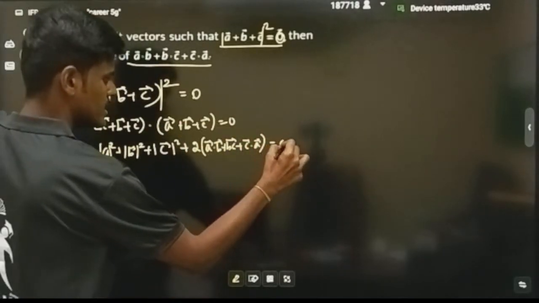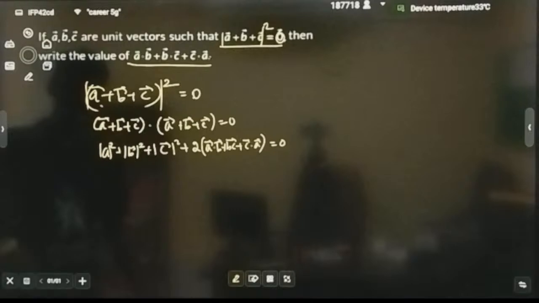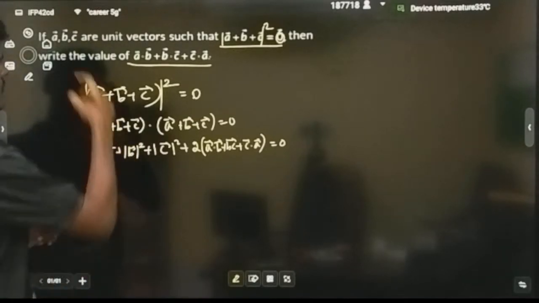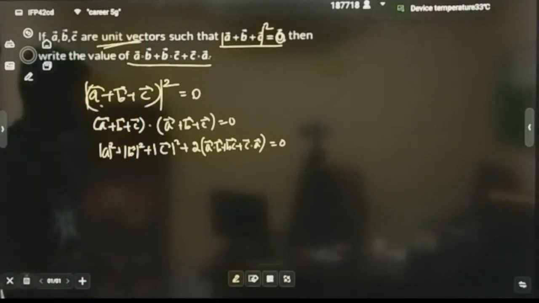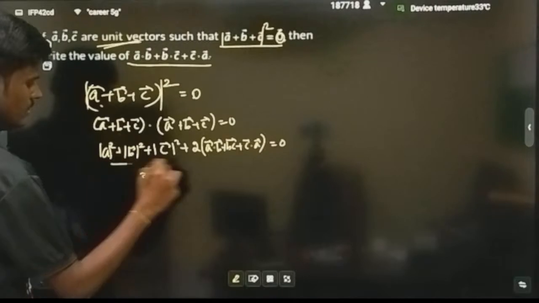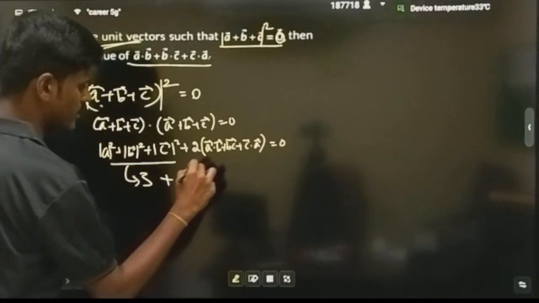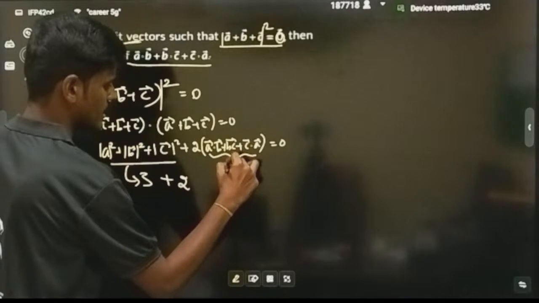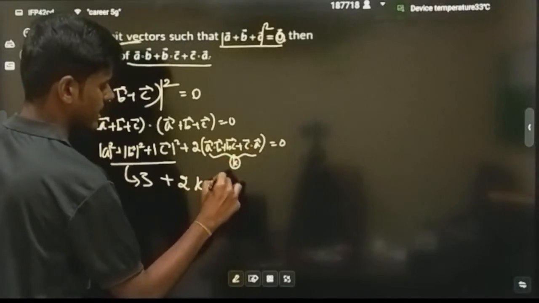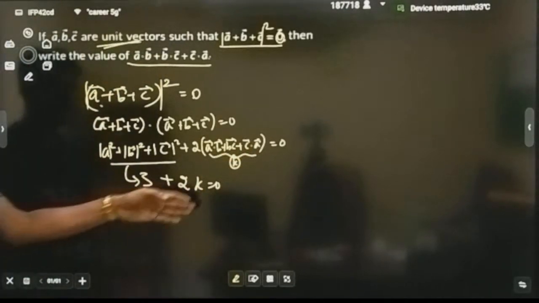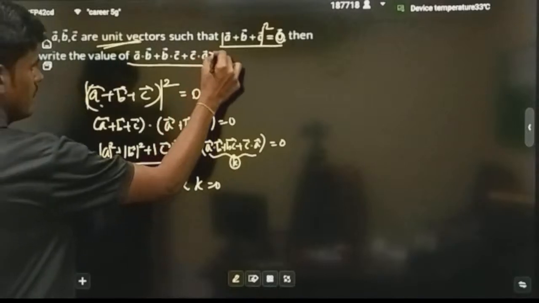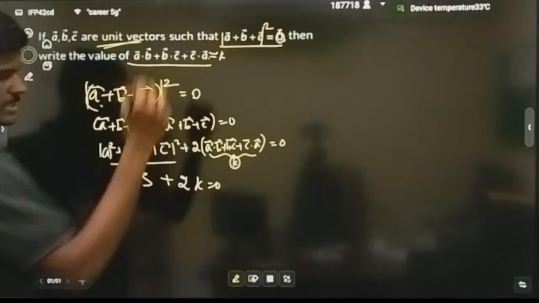Okay, this value is equal to 0. Now what is this? 1, 1, 1, as these are unit vectors. So this will be 3. These 3 values will be 3 plus 2 times of, let's take this value as K, 2K equal to 0. Now what is K? We have to find K.